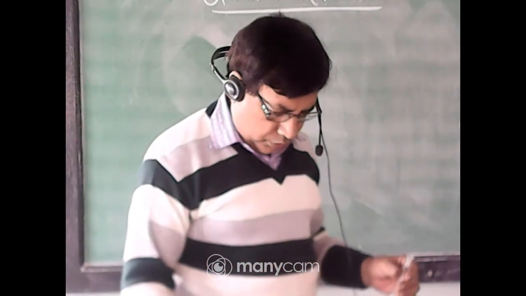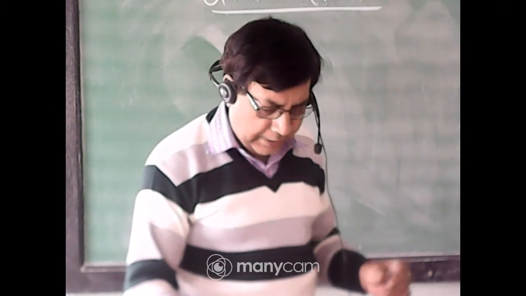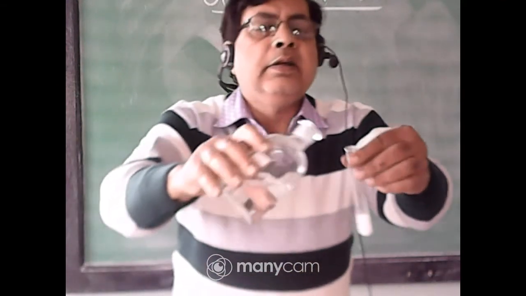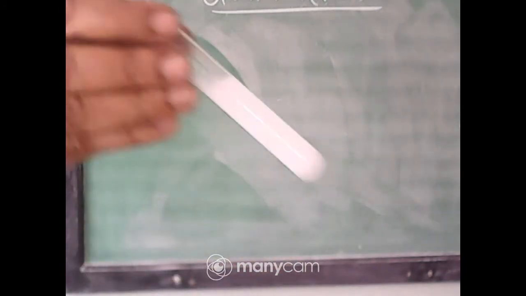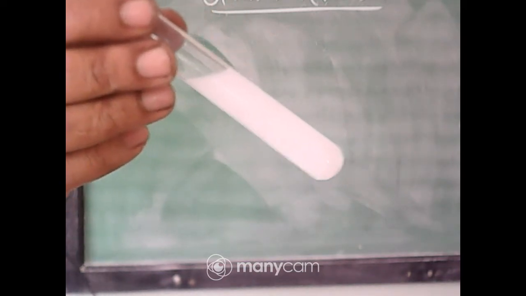After the formation of the white precipitate, you observe whether the precipitate is soluble in mineral acid or not. For this purpose, you add dilute HCl and shake. See this, the precipitate remains unchanged. The precipitate is not soluble.